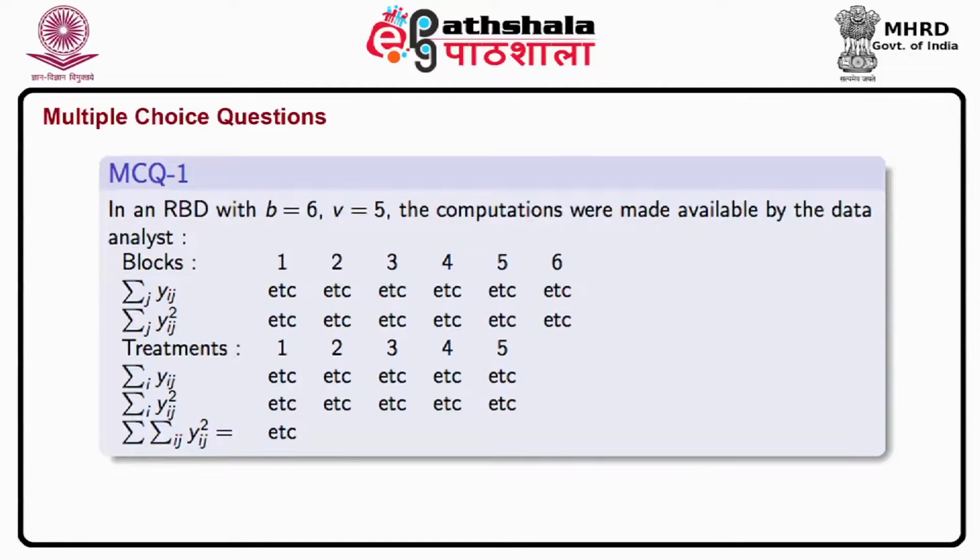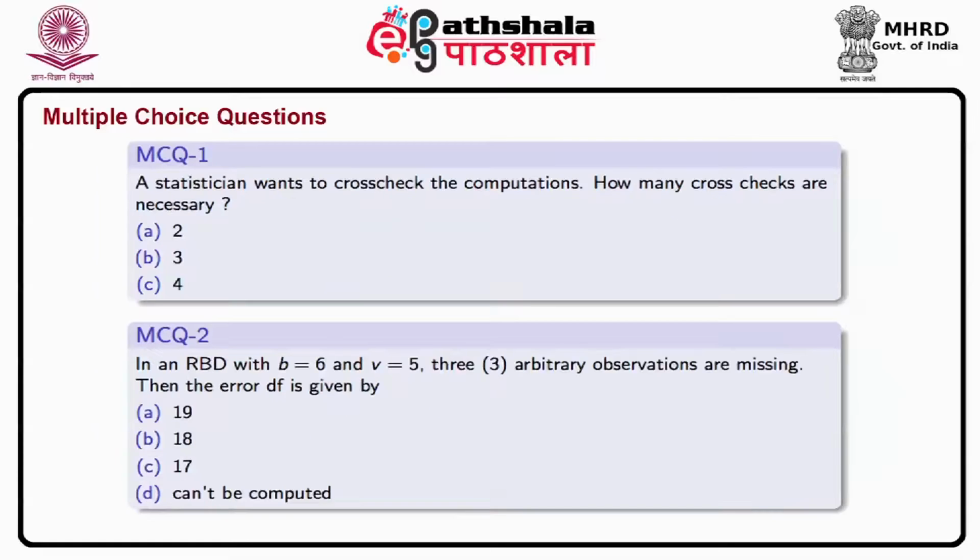And so are the treatment totals and treatment sum of squares. And also the sum totals are given. So all these things are given, not the raw data. So the question is, a statistician wants to cross-check the computations, and how many cross-checks are necessary for this? And we have 3 options, 2, 3 and 4.